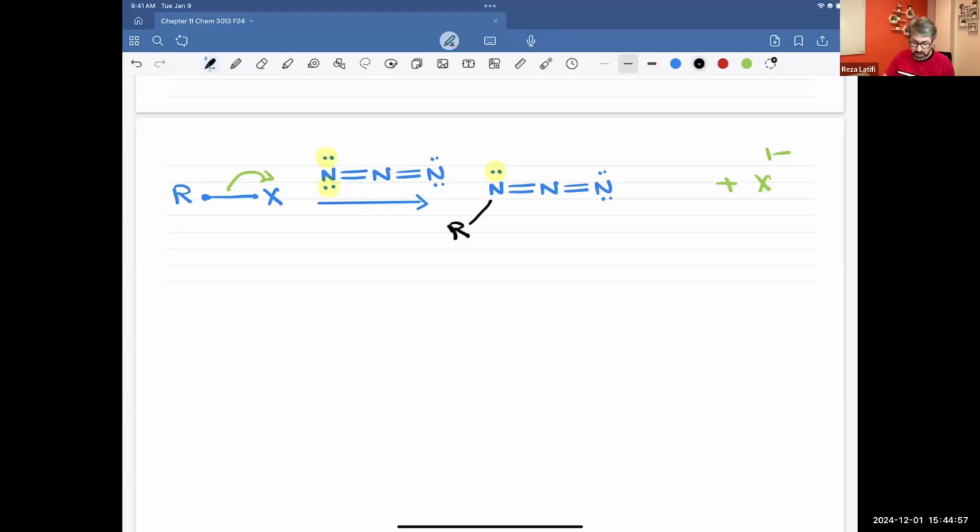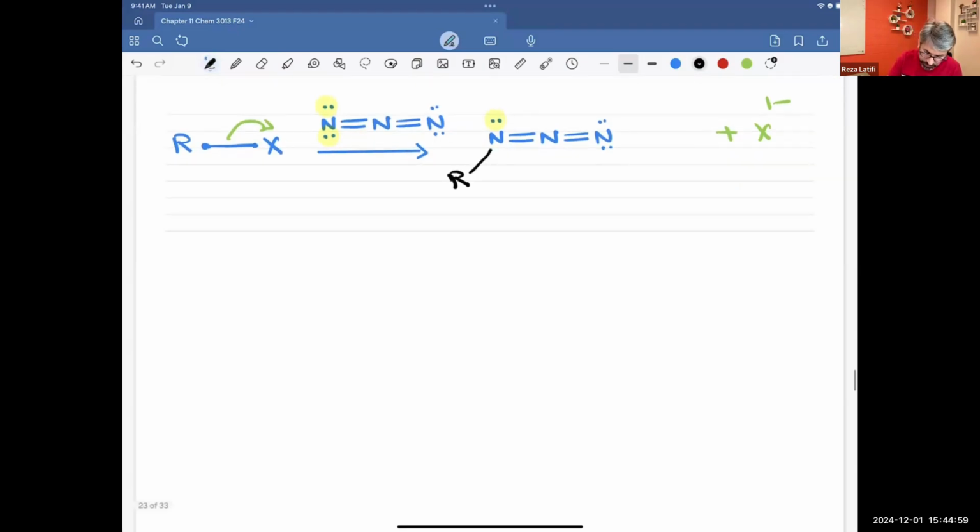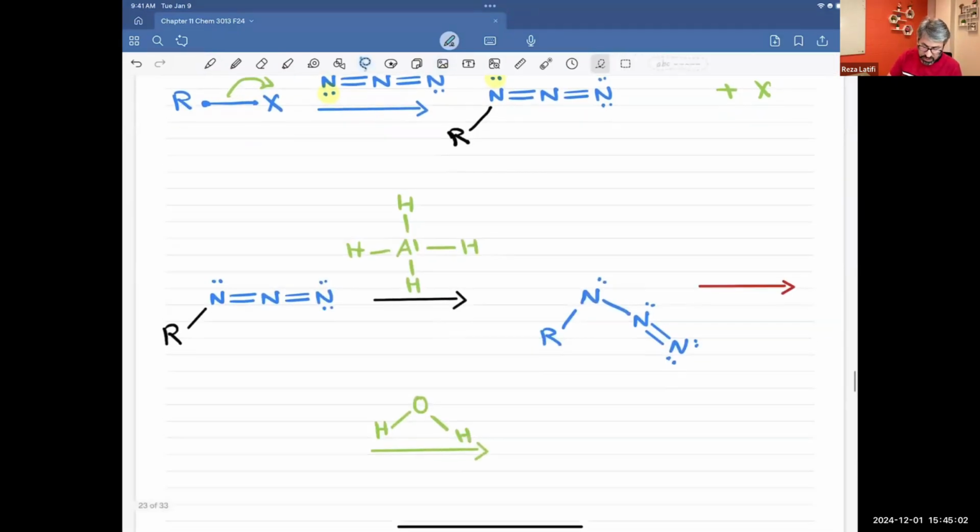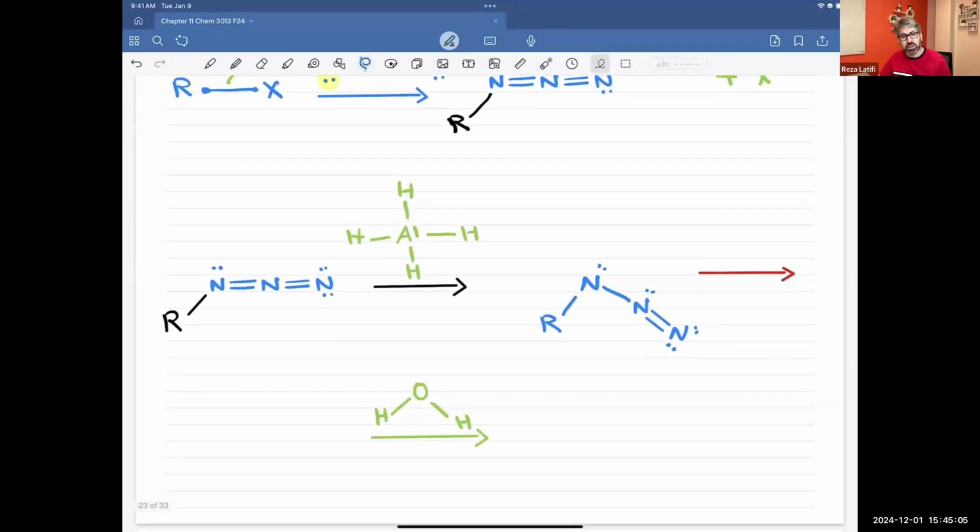Now that I got this one, next step, I can use lithium aluminum hydride. Remember that this one has a -1 charge, and -1 charge means it is a strong reducing agent. Now, this one can actually go after that nitrogen.